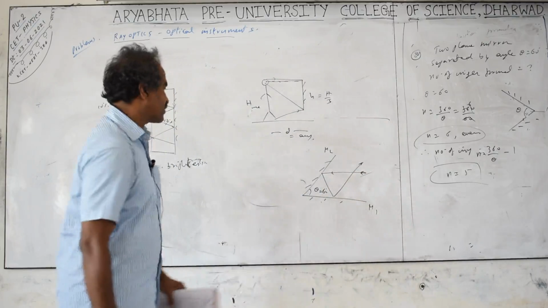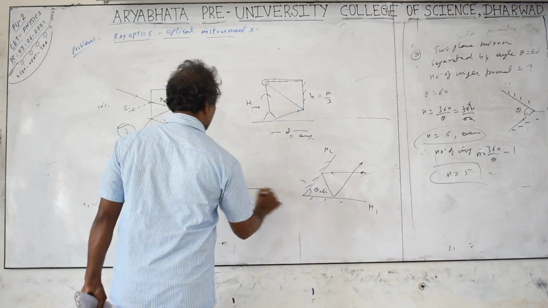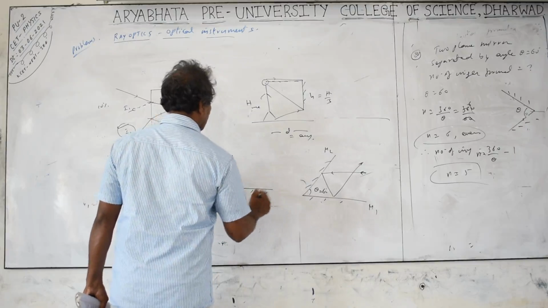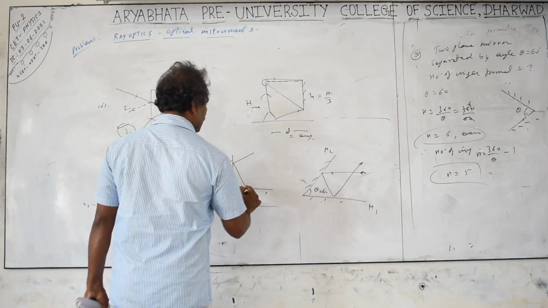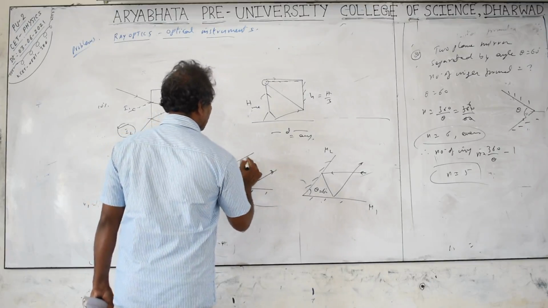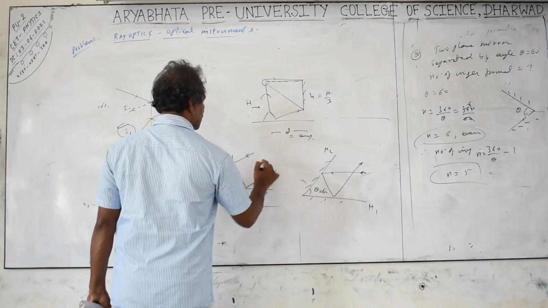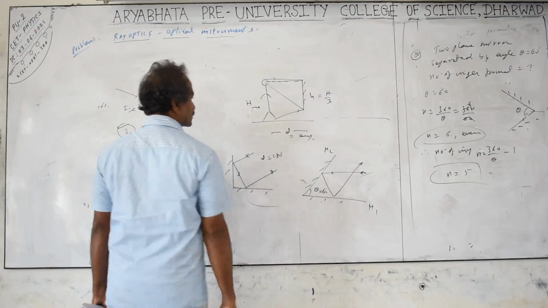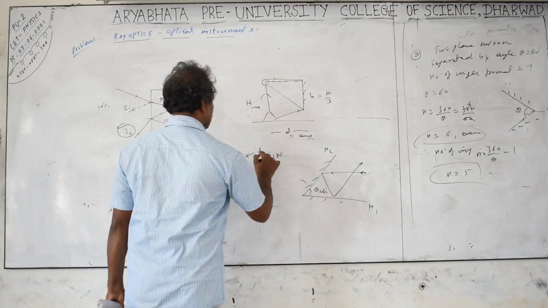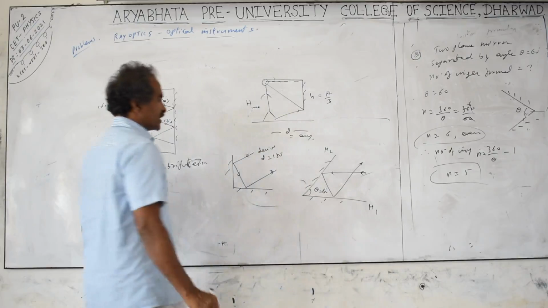If the two mirrors are perpendicular to each other, a light ray falling on the first mirror, after reflection from the second mirror, will compulsorily be deviated backwards, coming back. So the deviation is 180 degrees.